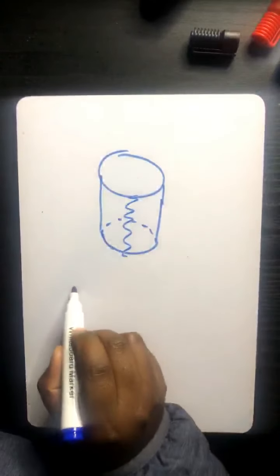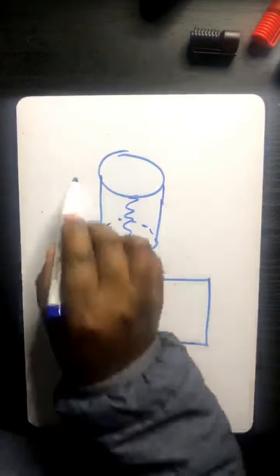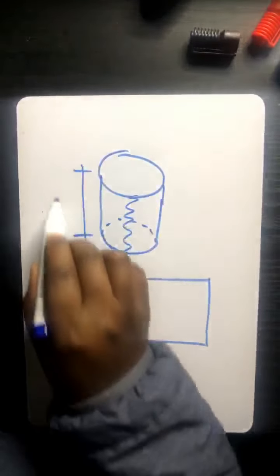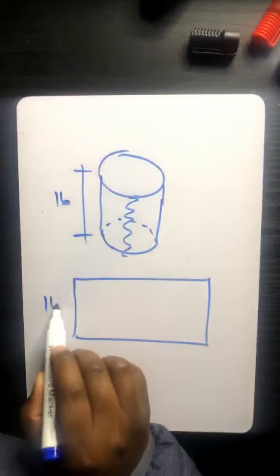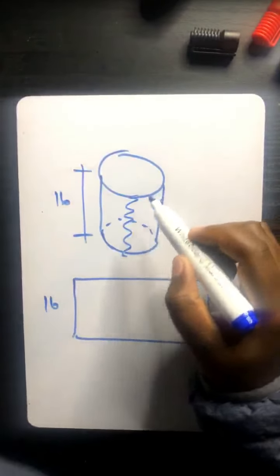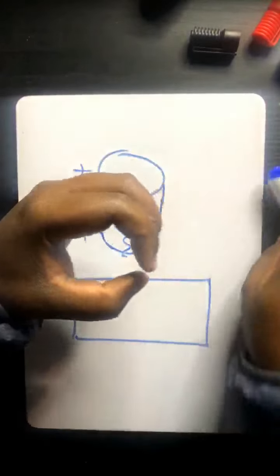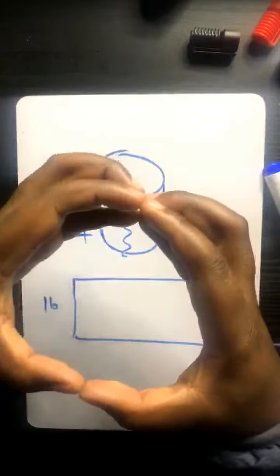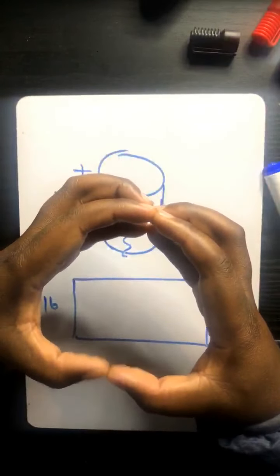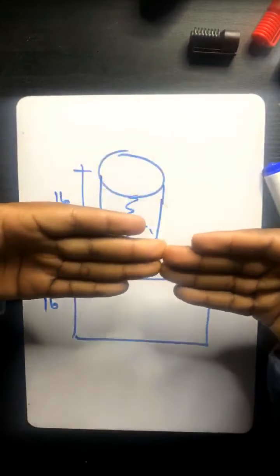If we cut it, we have something similar to that. Let's say the height of that is 16. So this is the side of 16. Just imagine having a circular thing and then you cut it there. After cutting it, then we do this.